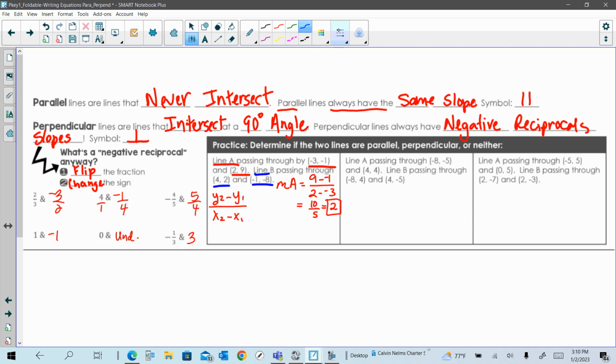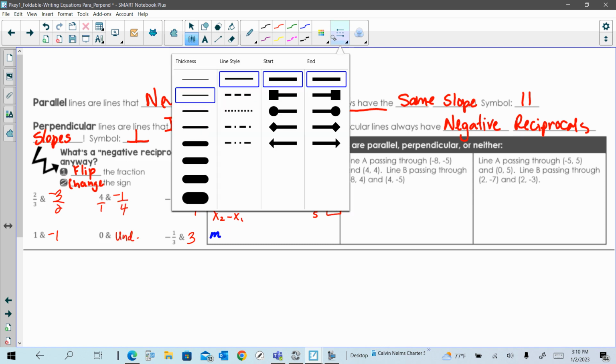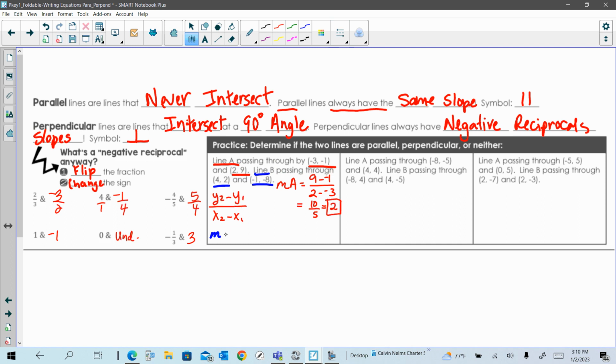Now I'm going to do the same formula for line B. The slope of B using the slope formula would be -8 minus 2 on top, and on the bottom -1 minus 4.